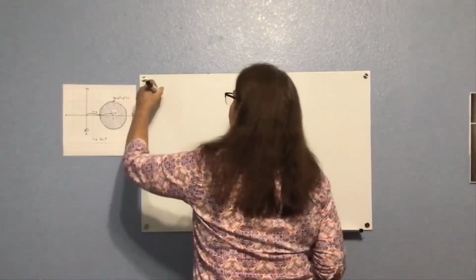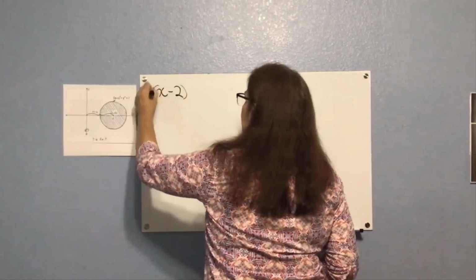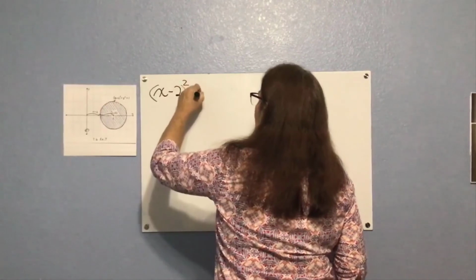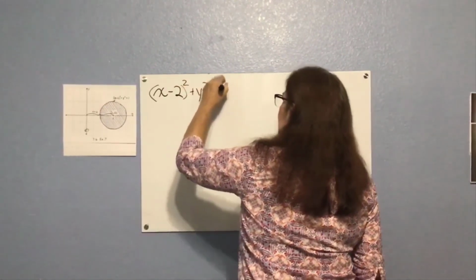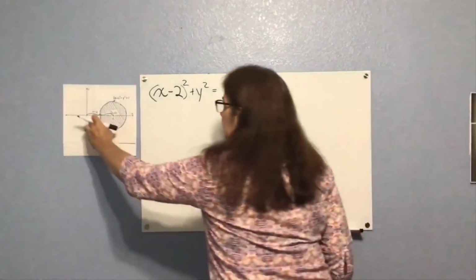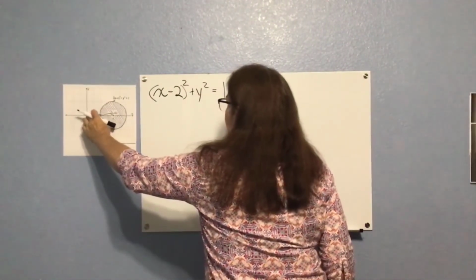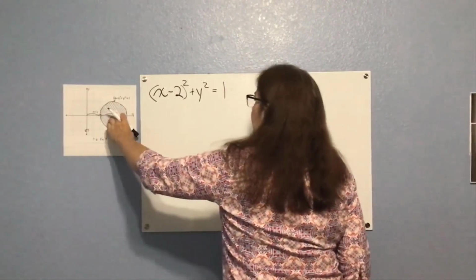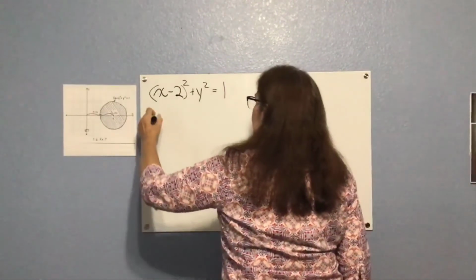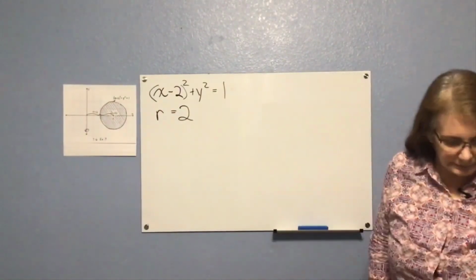Okay, the equation of our circle is (x minus 2) squared plus y squared equals 1. Okay, we can see that the distance from the axis of rotation out to the centroid of the shape is 2. So that's little r is 2.